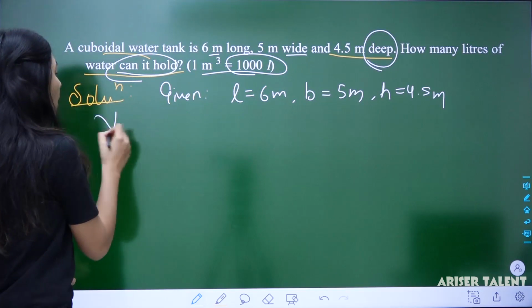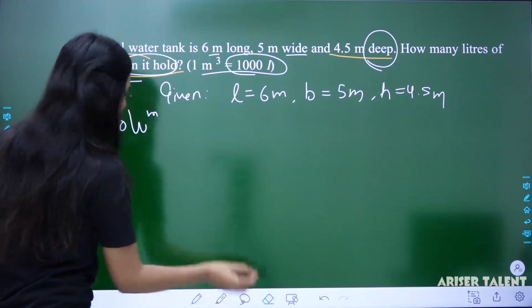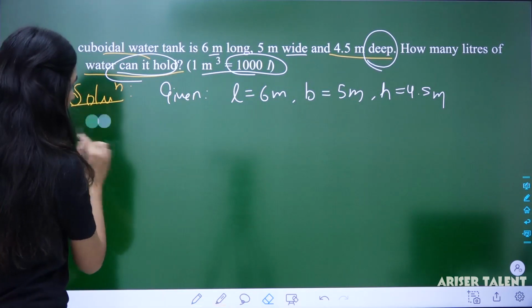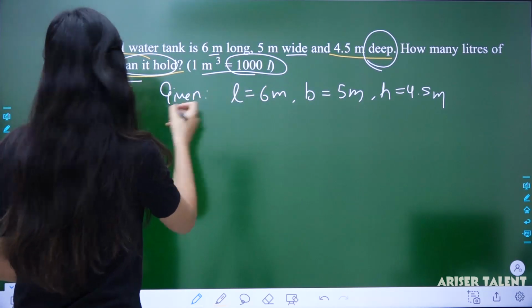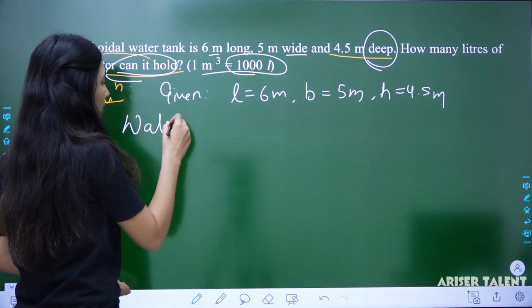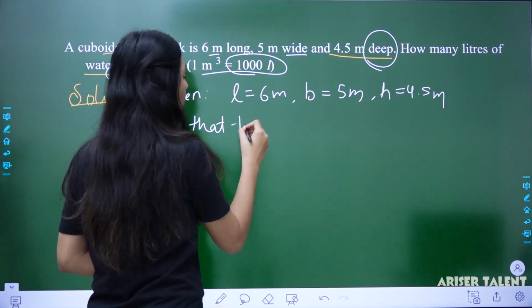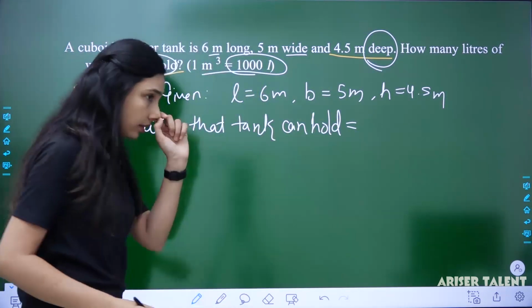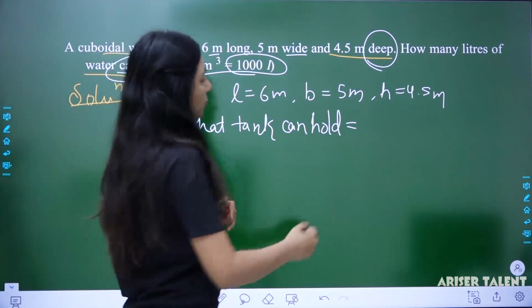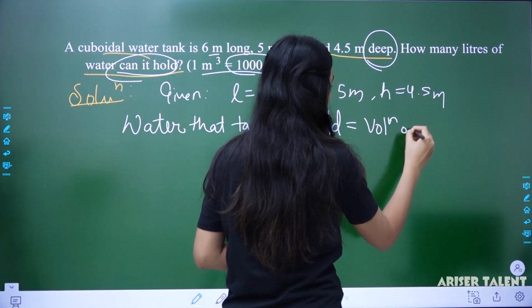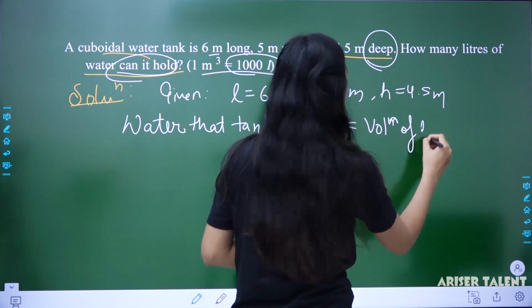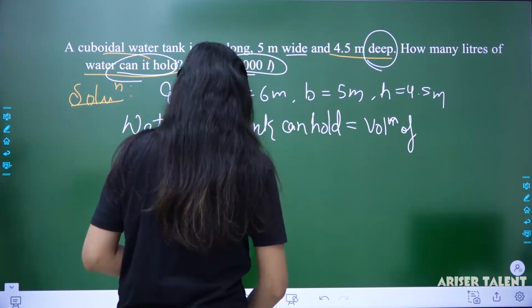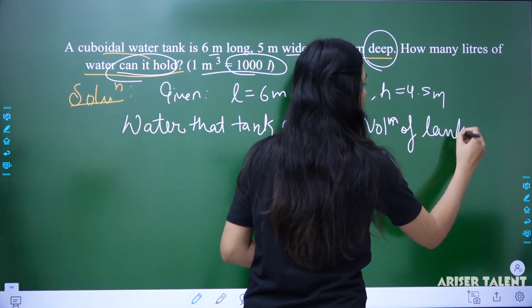So, the water that the tank can hold is equal to the volume of the tank.